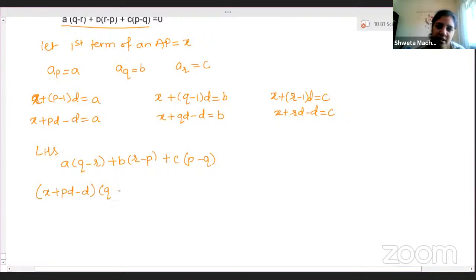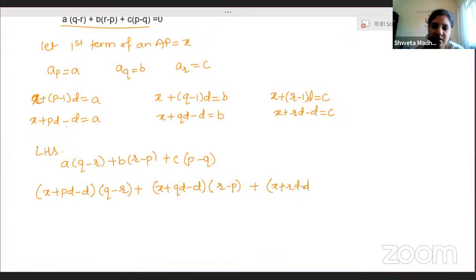Into q minus r, plus b is x plus qd minus d into r minus p, plus x plus rd minus d into p minus q. Now we have to open the bracket.